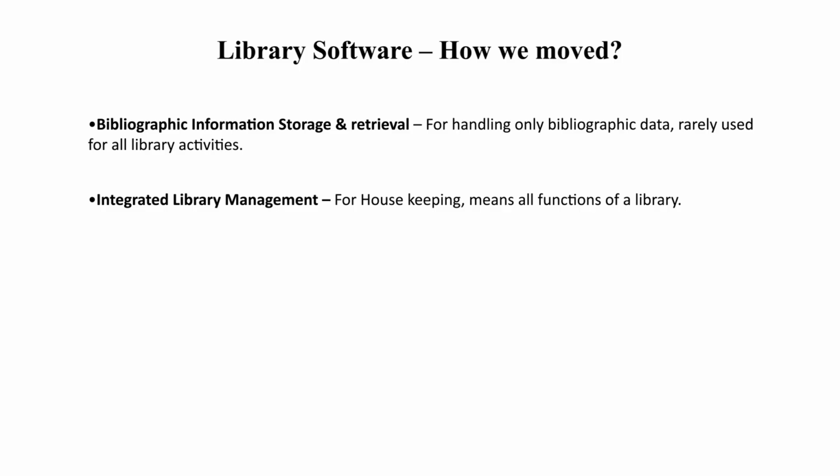As its name says, integrated means such software integrates various sections of the library. Commonly these are known as housekeeping operations software, meaning they are particularly meant for the various housekeeping operations of the library.